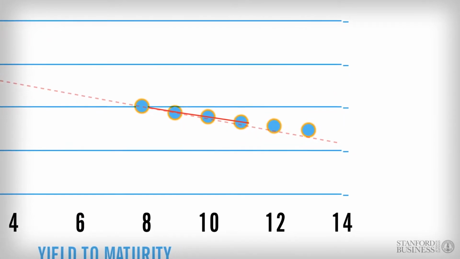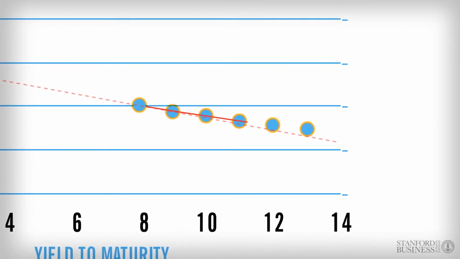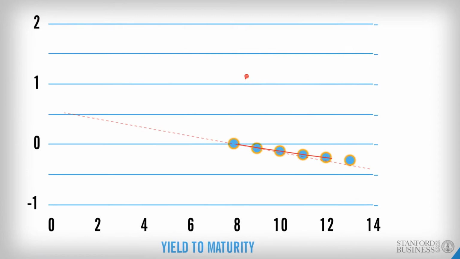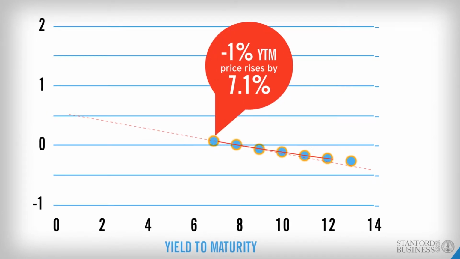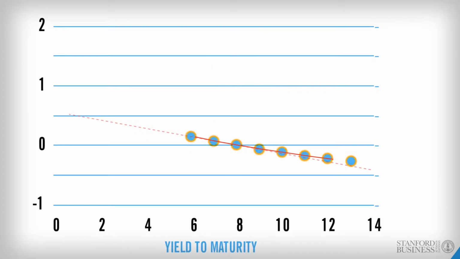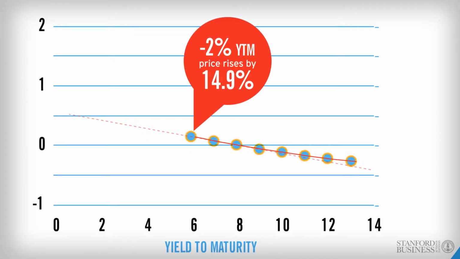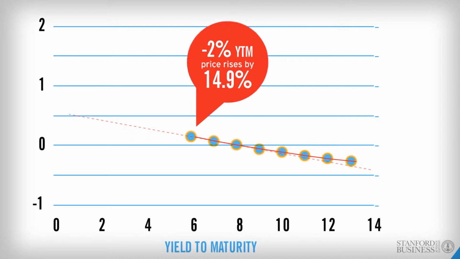On the other side, a 1 percentage point decrease in the yield to maturity increases the price of the bond by 7.1%, which is more than the decline experienced if the yield to maturity rose by 1 percentage point. For a 2 percentage point decrease in the yield to maturity, the price rises by 14.9%.